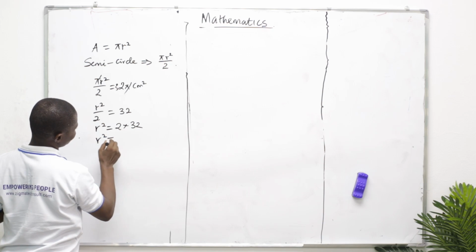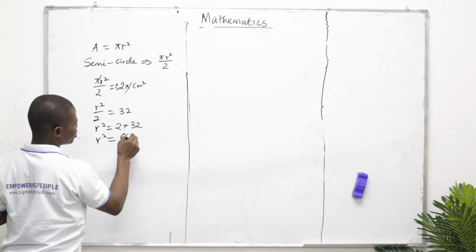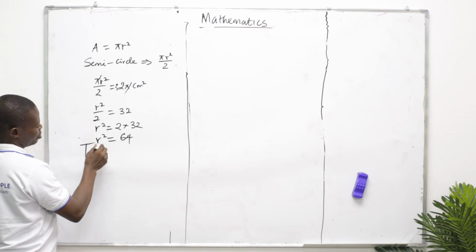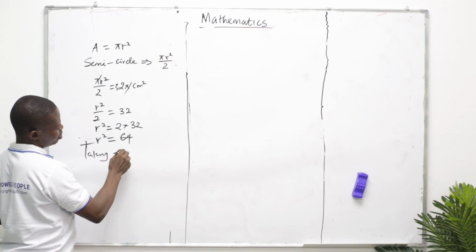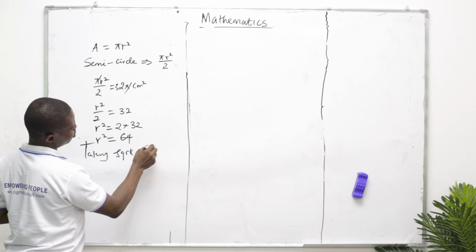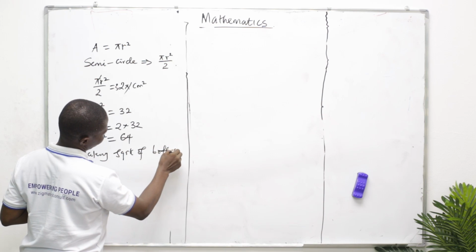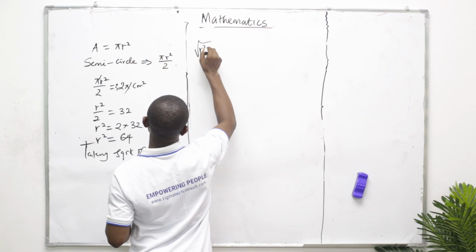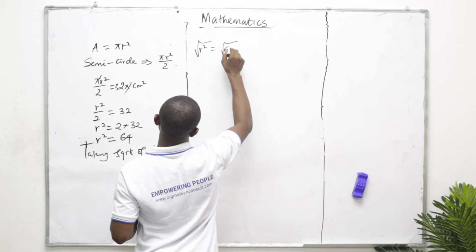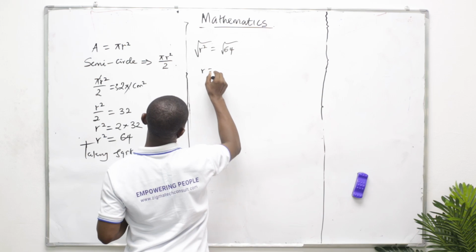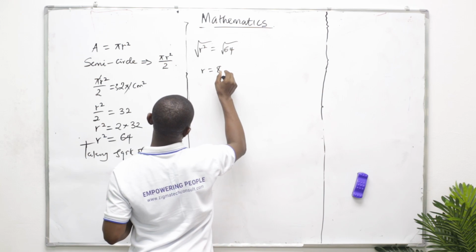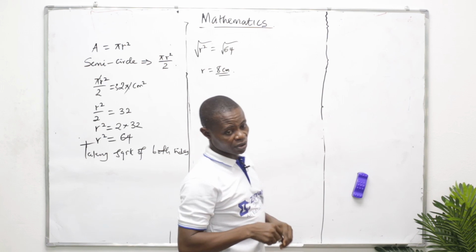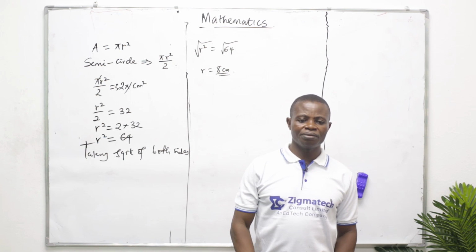So our r square can be what? 64. Now taking square root of both sides, we have square root of r square equals square root of 64. Square root of r square is r. Square root of 64 is 8. So the radius of this semicircle is what? 8 cm.